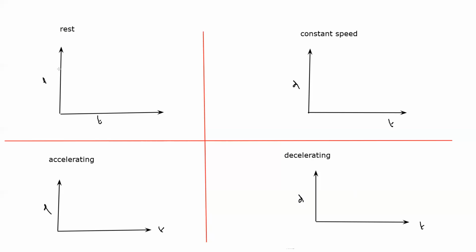If the object is at rest, then it will be a horizontal line. It can be a horizontal line above the origin or on the origin. If it is moving with a constant speed, it will be a straight line. If it is accelerating, the slope, the angle of the line, will increase. And if it is decelerating, the angle of the line will decrease.